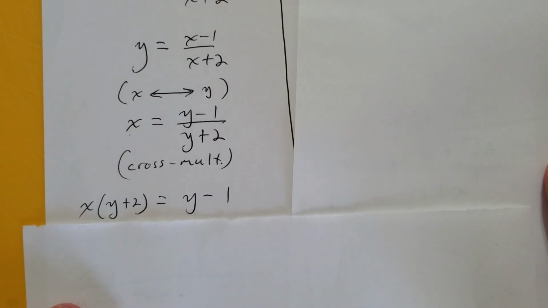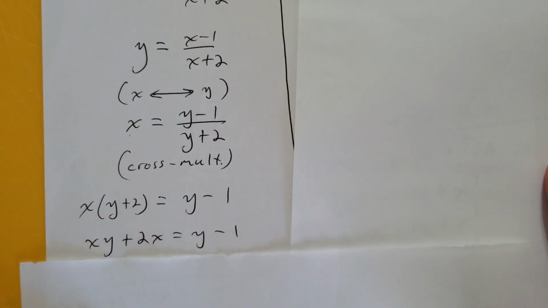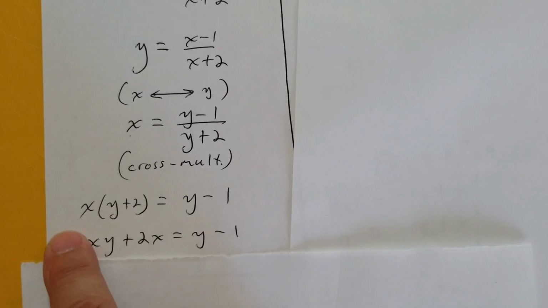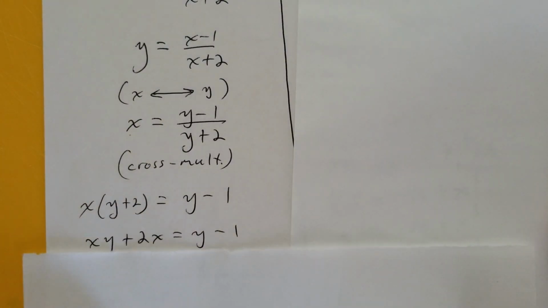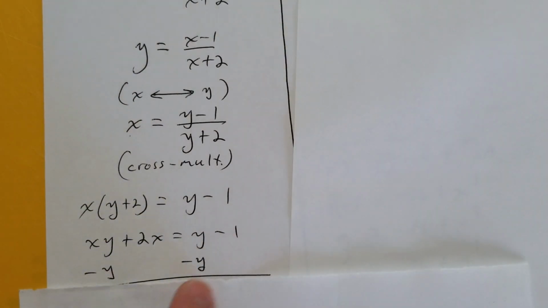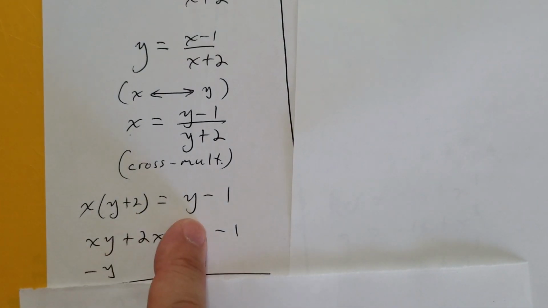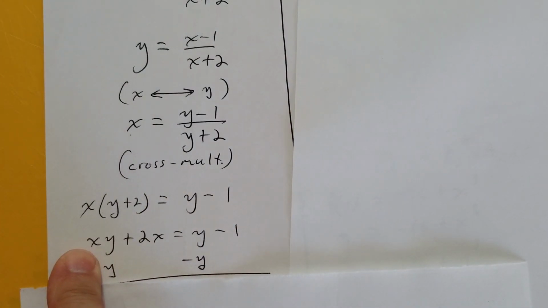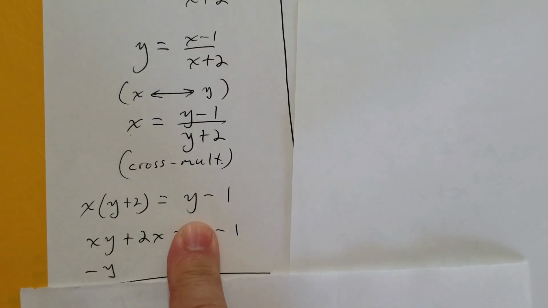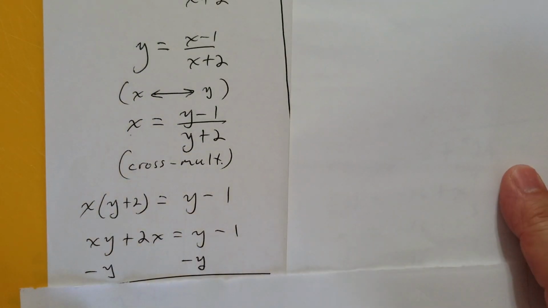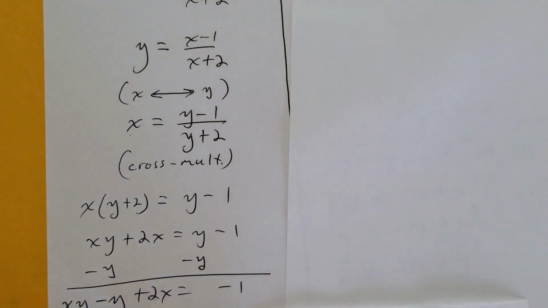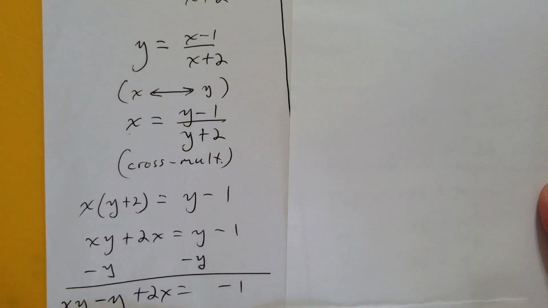Now what? Remember, we're solving for y. So distribute, x times y, x times 2, right? Put the y's together, minus y, minus y. We want the y's to go to one side, to come together. So I'm going to get rid of this y, bring it over here, and you get xy minus y, 2x minus 1 comes down, right?